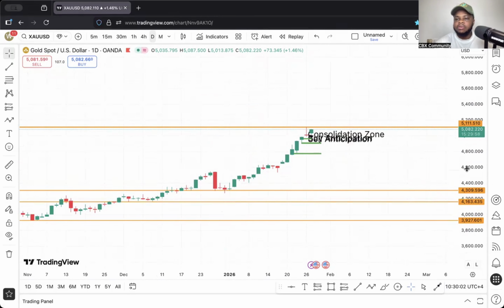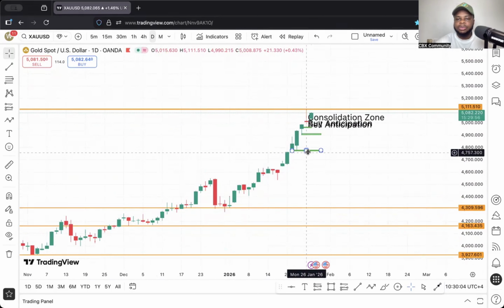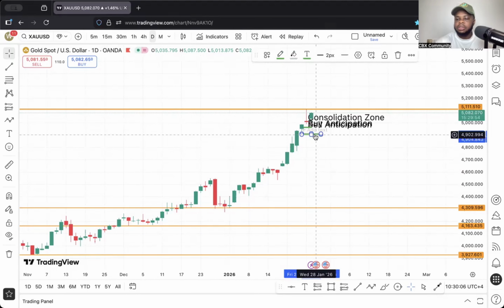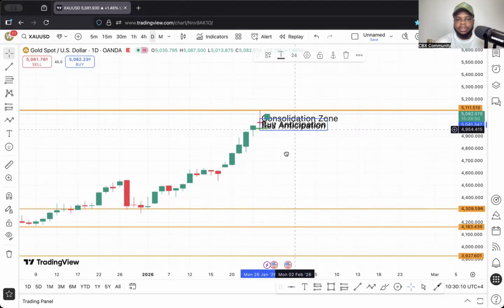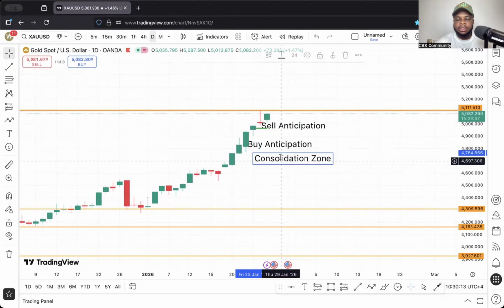Looking at the condition of the daily market structure, we are in an uptrend. Let me move this here.